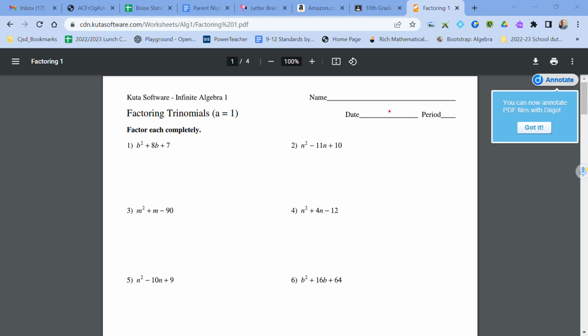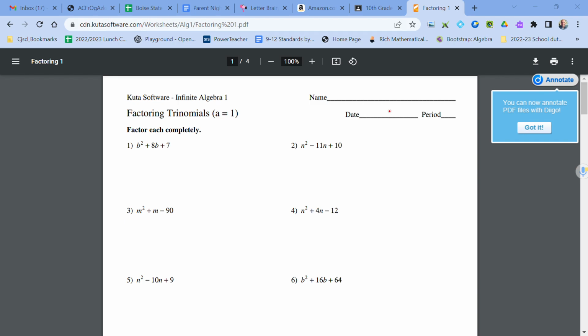But remember, we're looking for negative 90 and positive 1. So if I make this negative 9 times 10, that would be negative 90, and negative 9 plus 10 would be positive 1. Now that I know that, I'm going to put the negative 9 here and the positive 10 here.